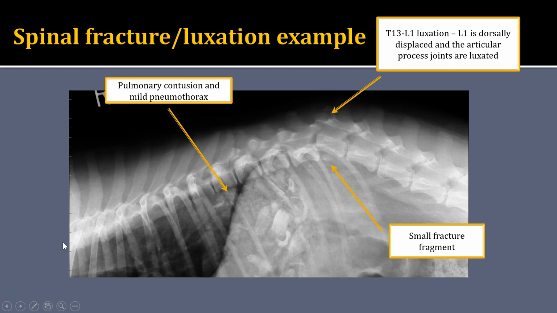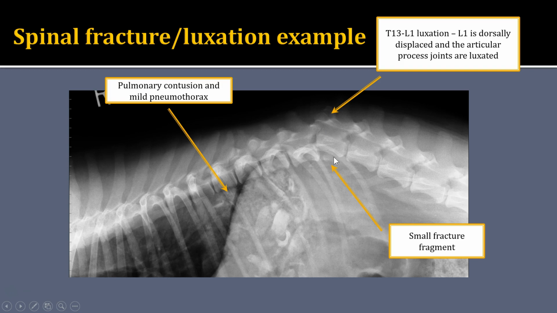Here's a lateral view of a patient that also was hit by a car. This one was specifically taken for the spine, and when we're evaluating the spine, we can see that there is malalignment, where L1 is dorsally luxated or dorsally located relative to T13. The caudal articular processes no longer contact the cranial articular processes, so that's completely luxated.